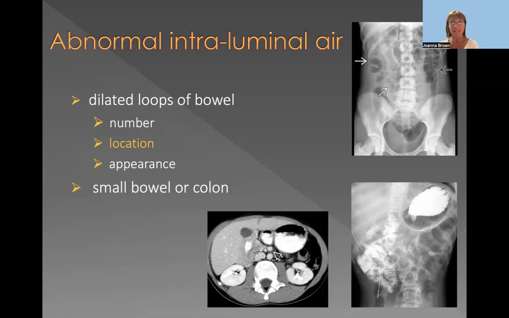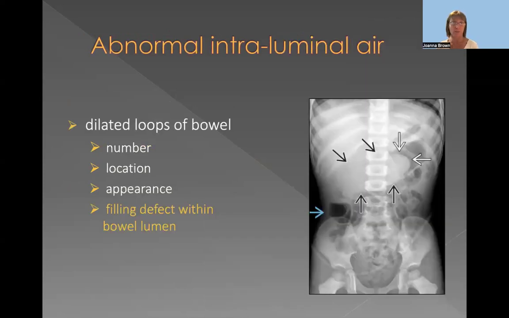This is why looking at many X-rays and having the knowledge about the X-ray is so important. Another abnormal pattern of the air within the lumen of the bowel will be when you see the obstruction within the bowel and dilatation more distally.